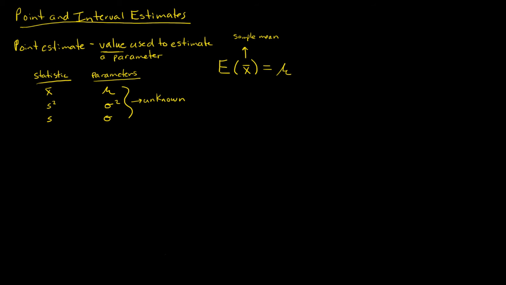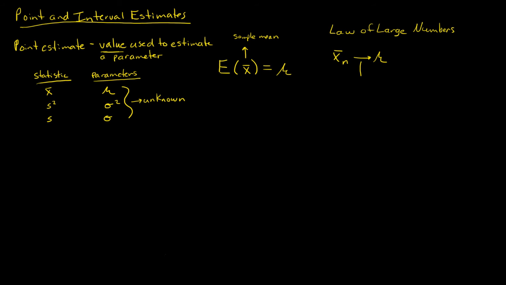Now, what allows us to say this? Well, there's a law here called the law of large numbers. I won't go into this in detail, but it will be intuitive. The law of large numbers essentially states that if you take any kind of value, in this case the mean, of a certain sample size n, it will converge.